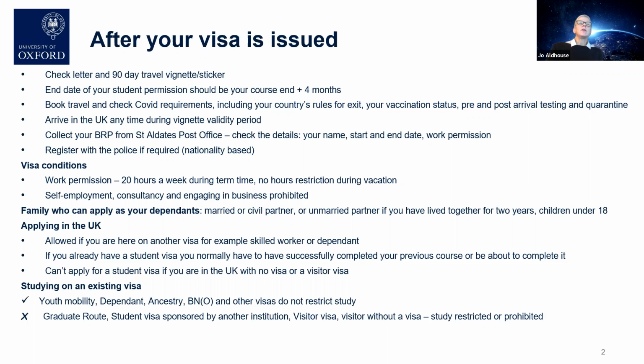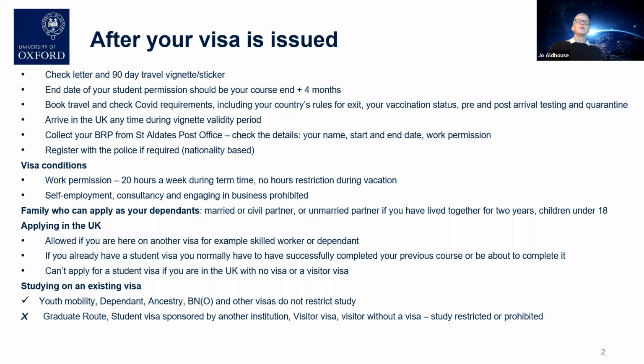You're allowed to be employed, but you're not allowed to be self-employed. And you're not allowed to engage in business. That's actually prohibited, even though you're on an MBA. So you can prepare for a business and you can plan about a business, but you're not actually allowed to conduct business in the UK on your student visa.